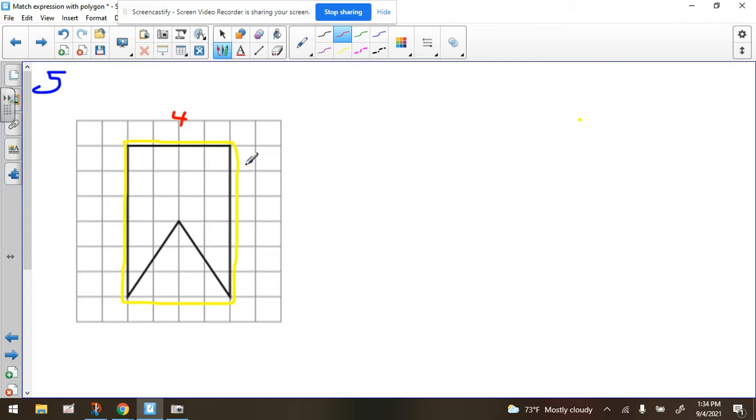And going this way, it would be 1, 2, 3, 4, 5, 6. So it's a 6 by 4 rectangle. We would be multiplying those two numbers together to find the area of that rectangle, would we not? Now, you would want to look in the lineup of the expressions to see if you find 4 times 6 being multiplied with something. And if you do, that's clue number 1, that might match up with number 5.